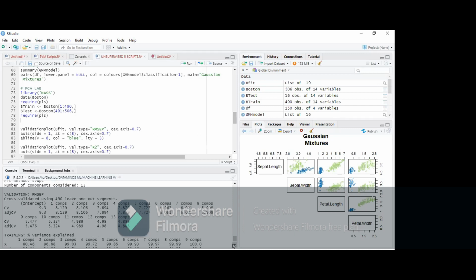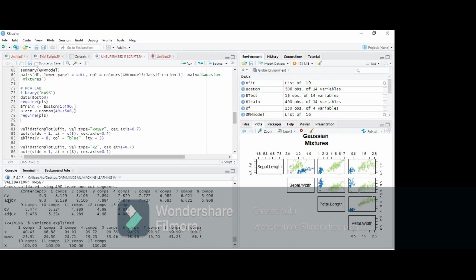Now look at the output. This one is cross validation, adjusted cross validation, and this is root mean square error. To determine at which component your data stops, you look at the minimum CV, the minimum cross validation, and when you look across all this, the minimum still goes to the 13th component.